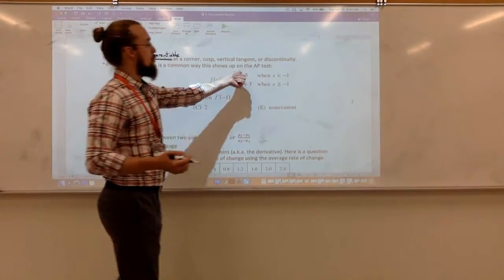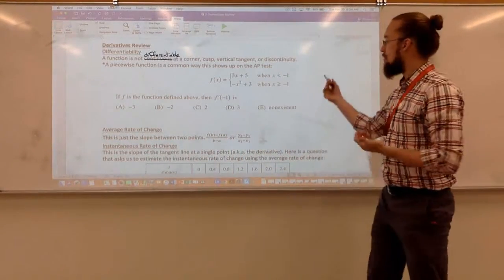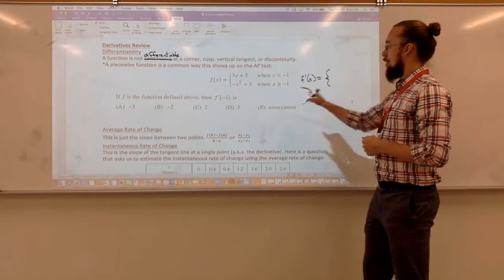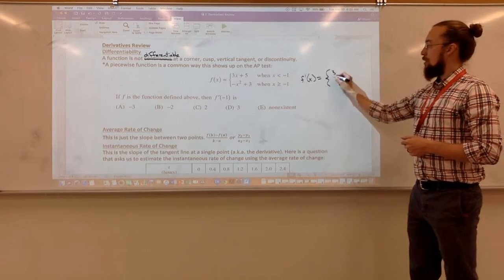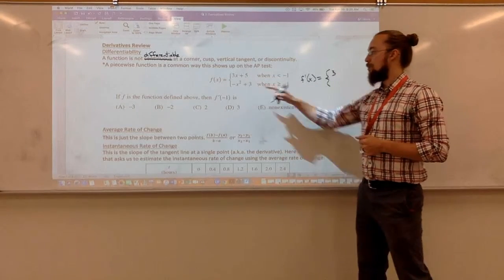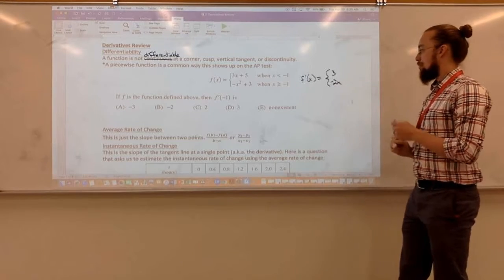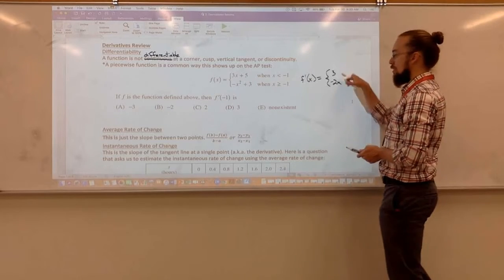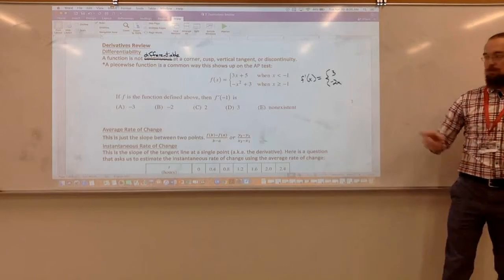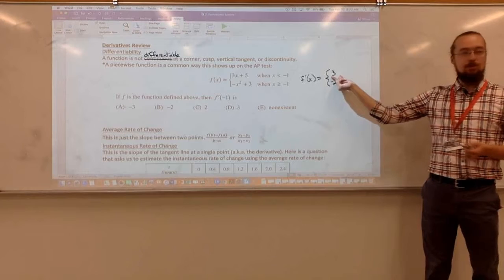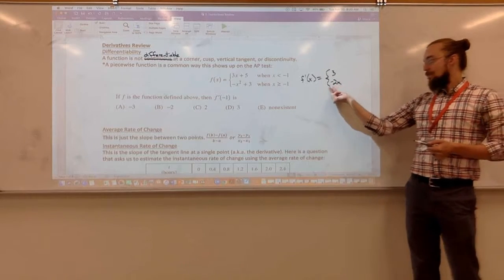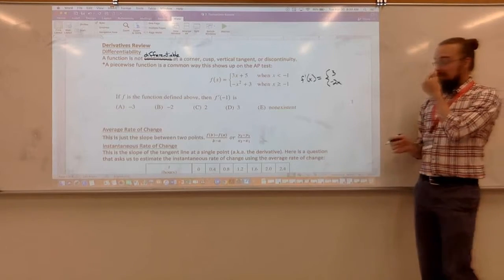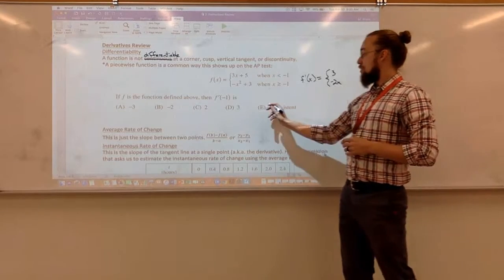So I would take the derivative of each piece. f prime of x equals, the derivative here would just be 3, and this one would be -2x. If I plug -1 into each of these pieces, this would obviously stay 3, and then -2 times -1 would be +2. So it doesn't exist.